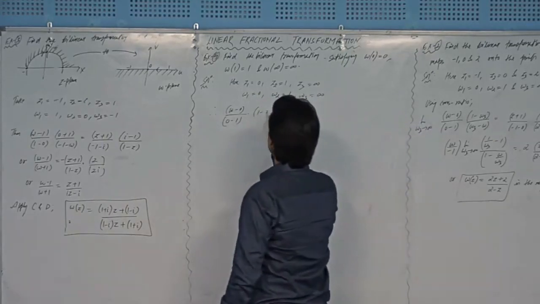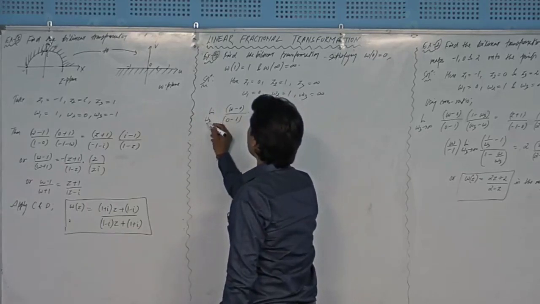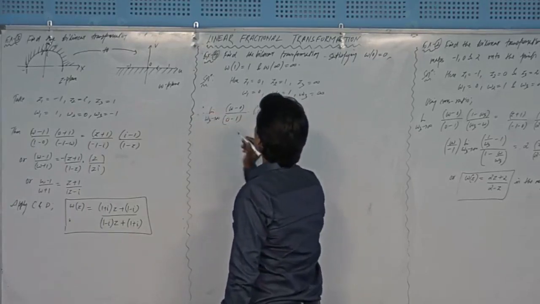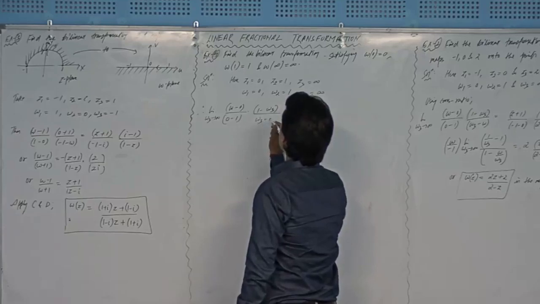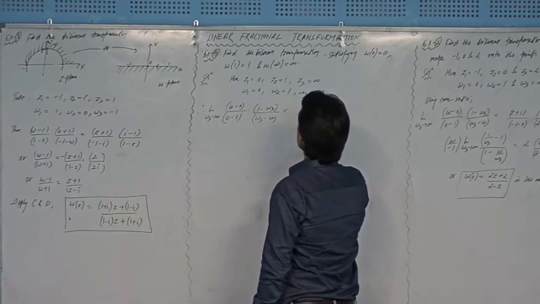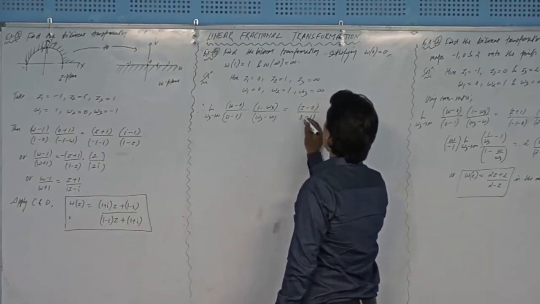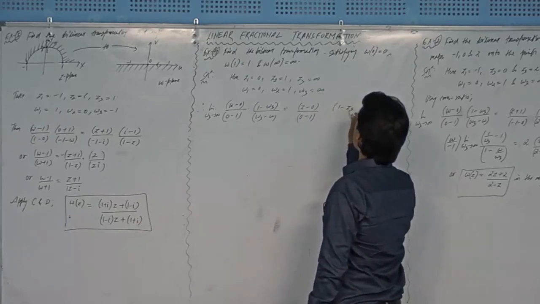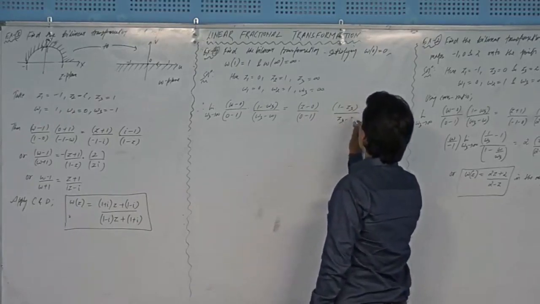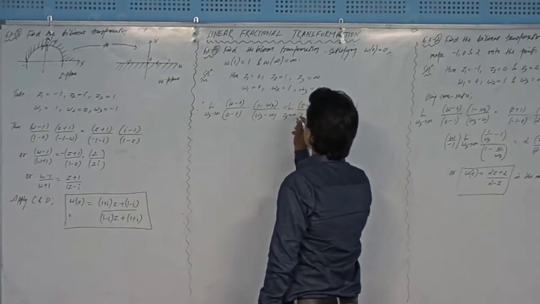But do not write infinity, rather you should write w3 and the limit w3 tends to infinity, and limit z3 tends to infinity, right?